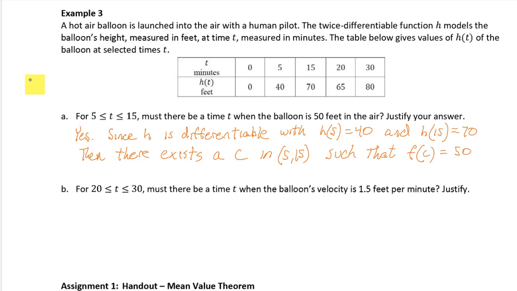The reason we know that is because it's differentiable, so we're allowed to say that. And this is the intermediate value theorem, IVT.